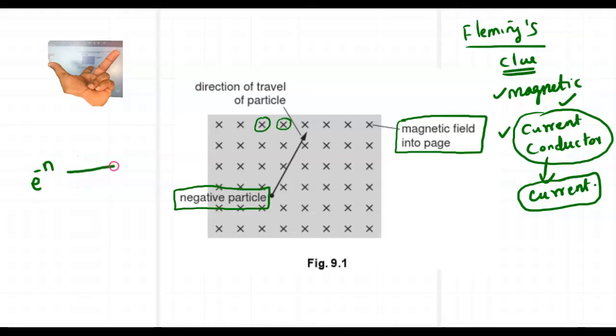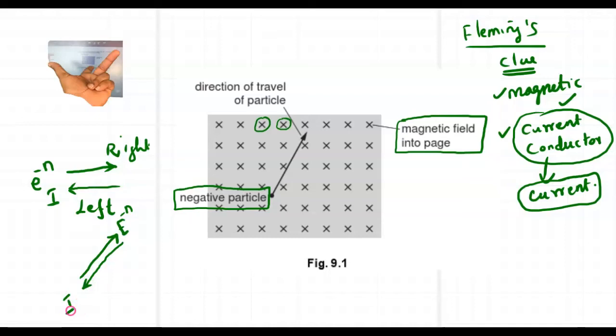Electron, if it flows to the right side, the direction of current will be to the left side, just opposite. This is the direction of current. If the electron is flowing in this direction, current will be flowing in the opposite direction. This is the main concept in this.